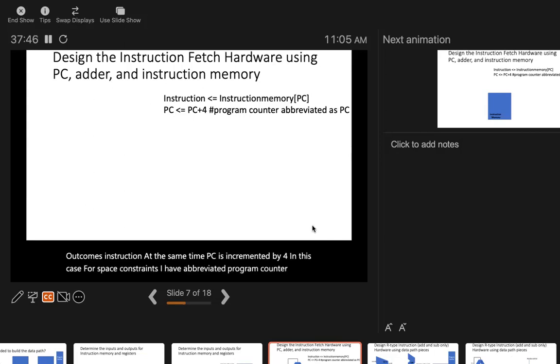So all the Lego designers in the class, you have your Lego pieces, you have the instruction given in front of you. Use that instruction and get the Lego pieces together.